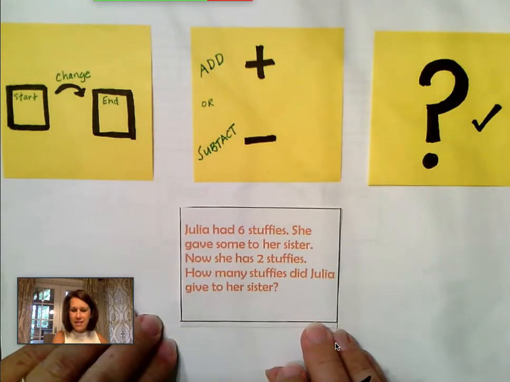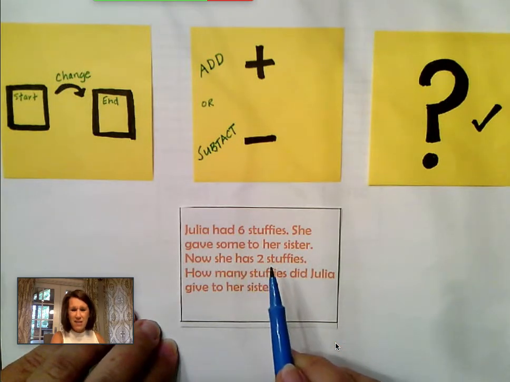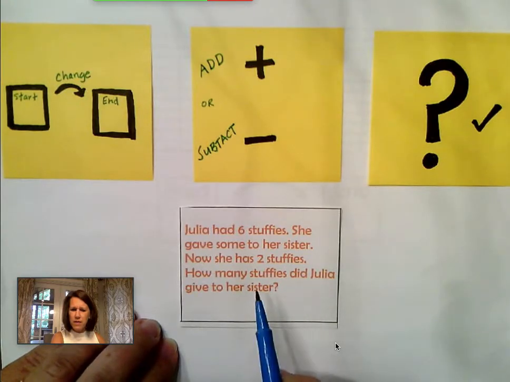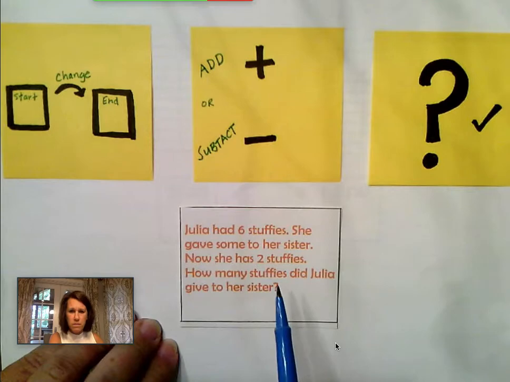Julia had 6 stuffies. She gave some to her sister. Now she has 2 stuffies. How many stuffies did Julia give to her sister? Going to use that change to model. It really helps me to think about what is changing and how it's going to end up. Let's look.